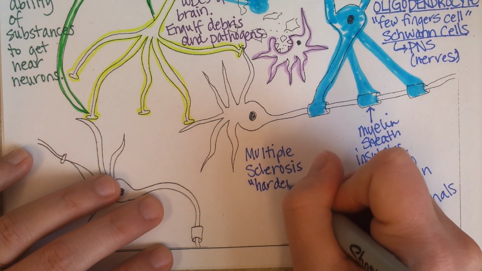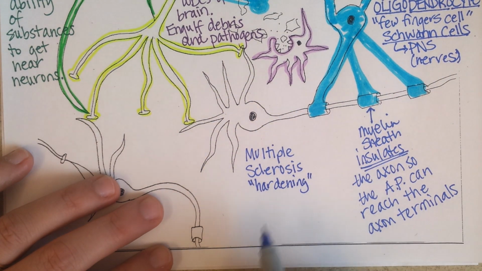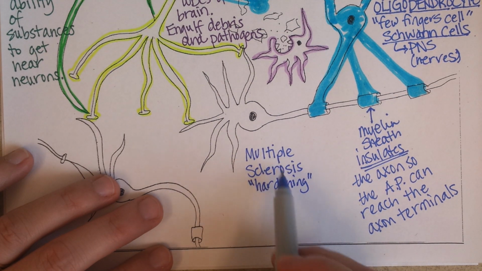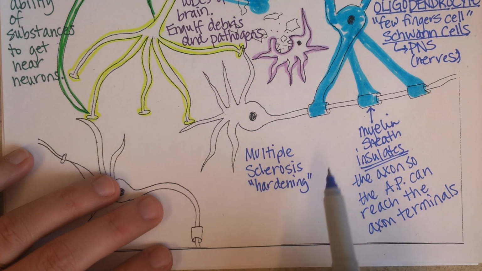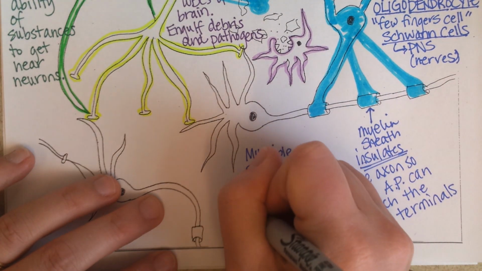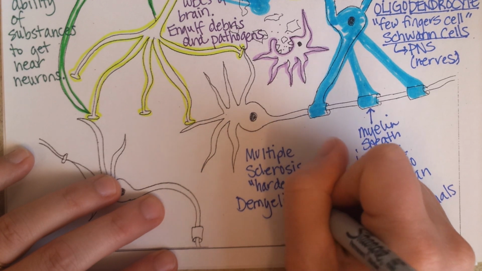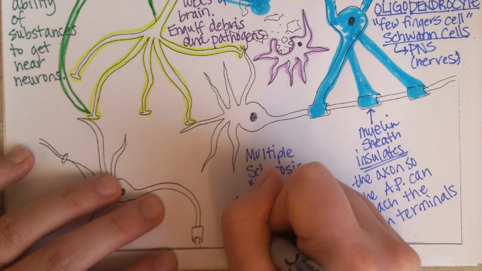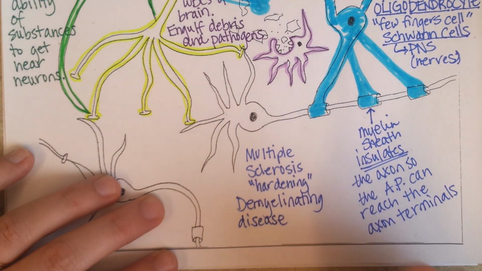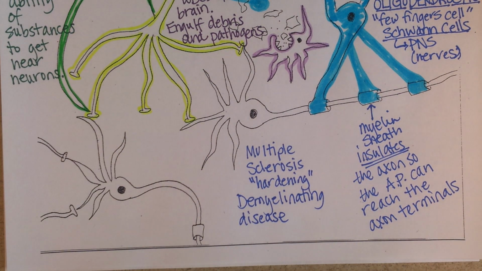And so as the disease progresses, they see fibrosis, multiple areas of scar tissue on axons where there used to be myelin. So this is a demyelinating disease. And if you know anyone that has this disease, you'll know that they start to lose the ability to move their muscles as they choose.